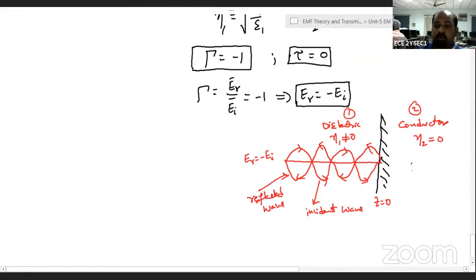It's because the transmission coefficient is 0, so none of the wave enters into region 2. Instead, the entire wave reflects back. So this is about reflection of a plane wave at normal incidence. Is it clear to you?